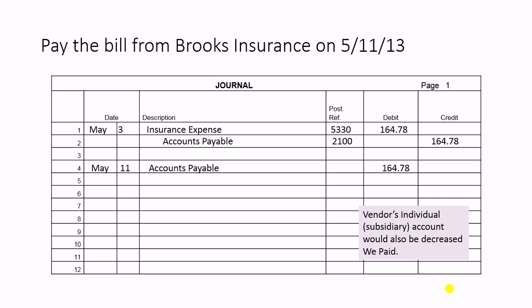And what account needs to be credited? Well, we are paying, so that's got to be our cash or checking account that's going to be credited for the same amount, $164.78. Note that when accounts payable is debited here, we would also decrease what we owe this vendor in the subsidiary account. And then we would, of course, post and put our post references.